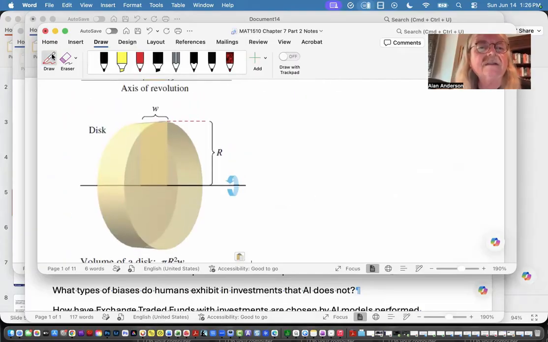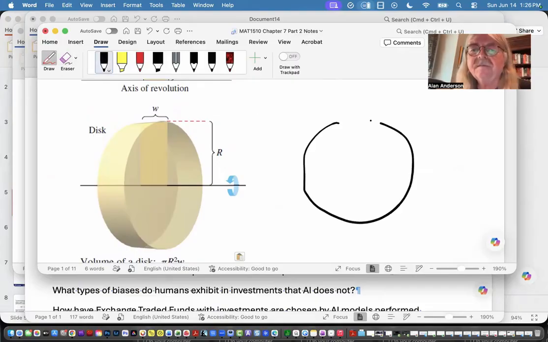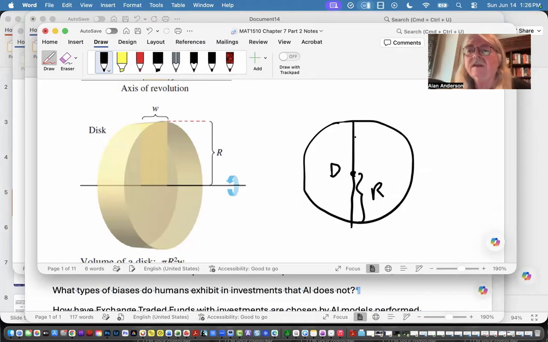So the radius, just like with a circle, is half of the diameter. So here's the diameter, and here's the radius. And then the width, because a circle doesn't have a width. It's a two-dimensional object, but here we do have a width because it's a three-dimensional object.